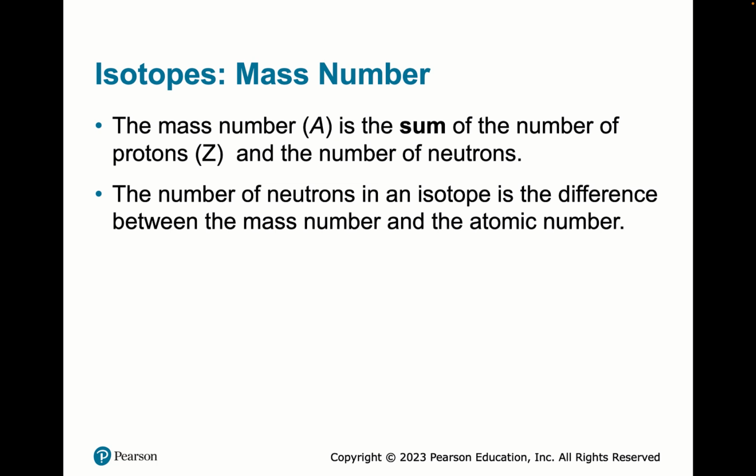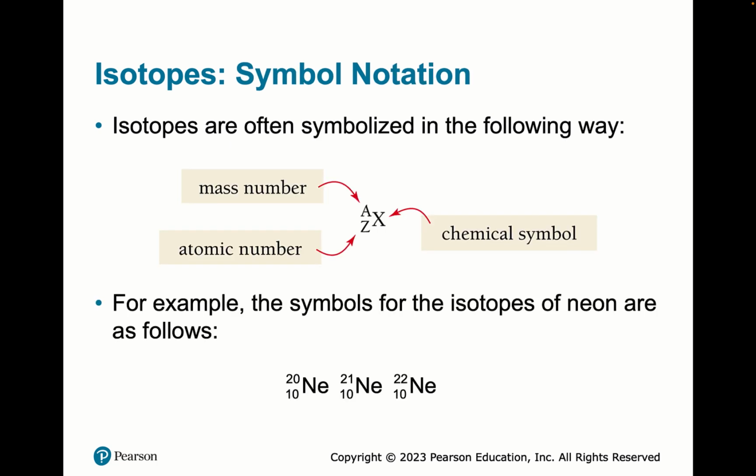And the isotopes are the difference between the mass number, the total number of protons and neutrons, and the atomic number, the number of protons. For chemical symbols, we usually keep it this way: mass number on the top, atomic number on the bottom. Very frequently, unless you're doing nuclear equations, we drop the bottom number Z, because from the chemical symbol, you can imply how many protons that nucleus has.